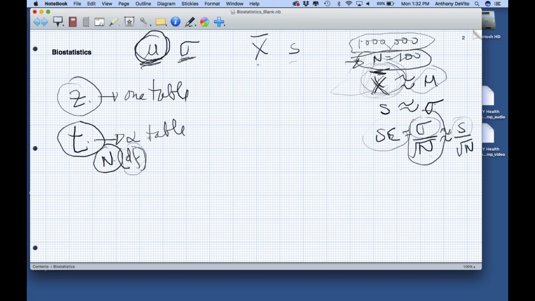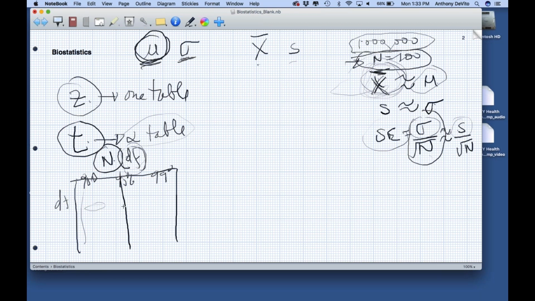For each degrees of freedom, I have a different t table. Since we don't want an infinite number of tables in the textbook, we instead just summarize the critical values of t for the different degrees of freedom that I need for 95% certainty, for 99% certainty, and for 90% certainty. Those are the ones I use over and over again.